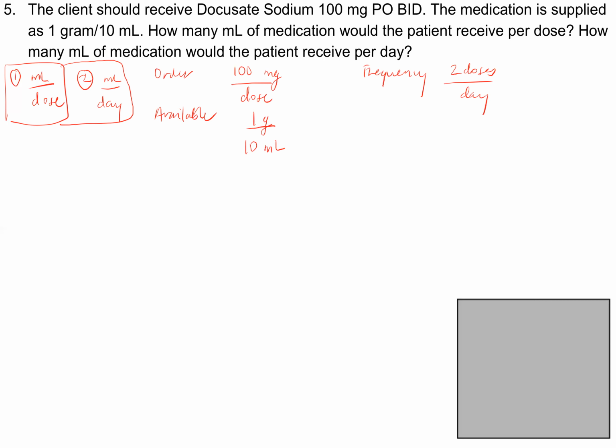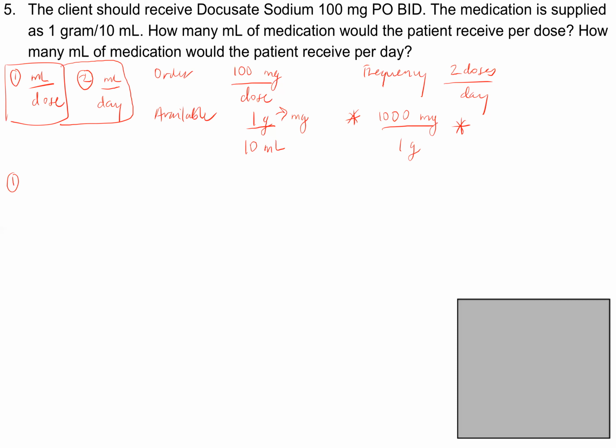So as you can see, we have mLs per dose, which is what we want. However, we can't cancel out our milligrams to our grams. So remembering our other conversion from before, there are 1,000 milligrams per 1 gram. And you want to convert the grams into milligrams.